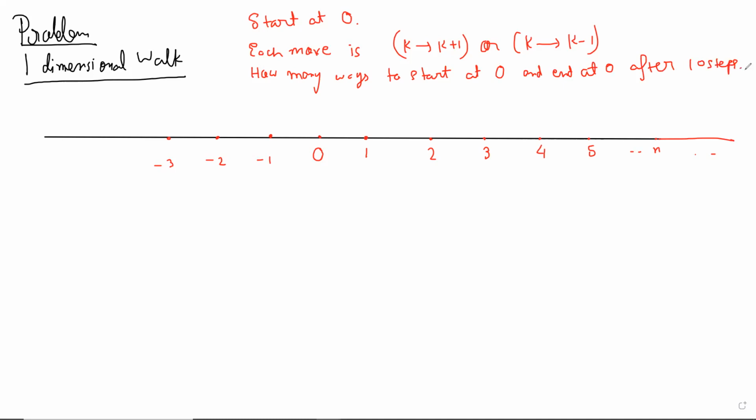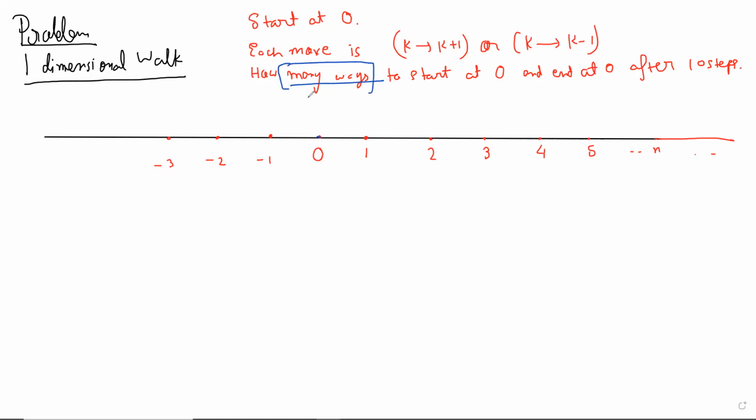Okay, so we have 10 steps, and we are going to start at 0 and we want to come back to 0. How many ways are there? Now, how many different journeys are there? Let me just give an example.